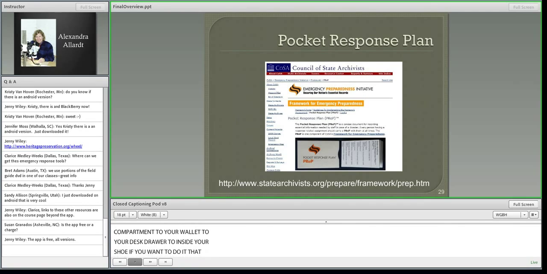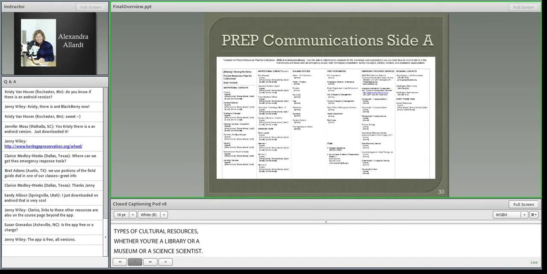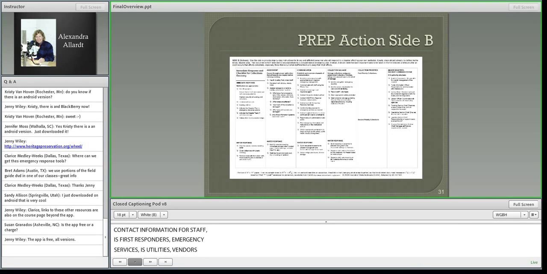On one side is the Emergency Communication Directory with contact information for staff, first responders, emergency services, utilities, vendors and suppliers, disaster teams, and other essential individuals and agencies. The second side of this handy little piece of paper contains an emergency response checklist, an organized list of those actions that each individual should take during the first 24 to 72 hours following a disaster.